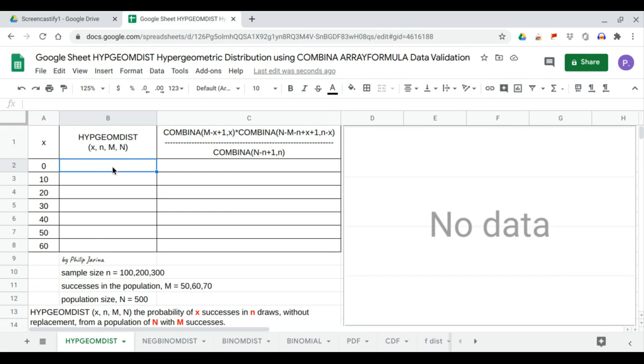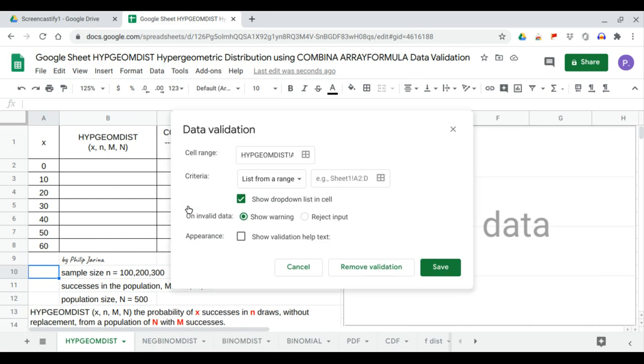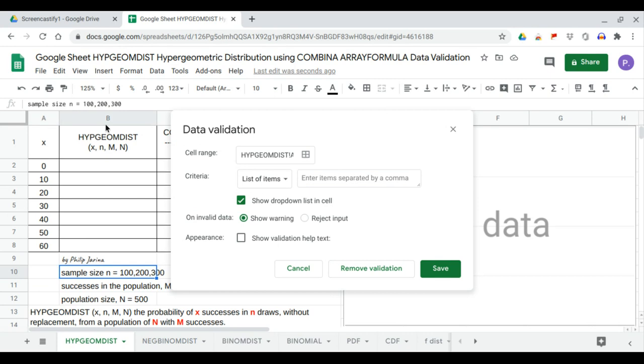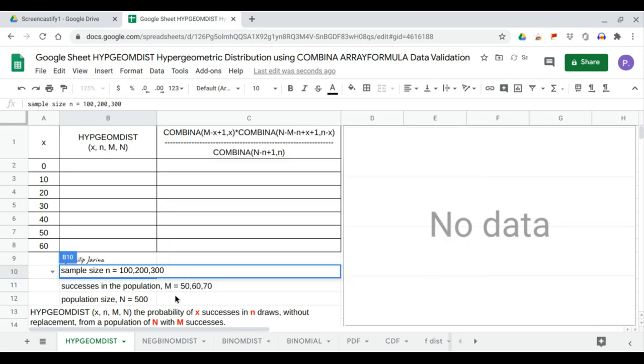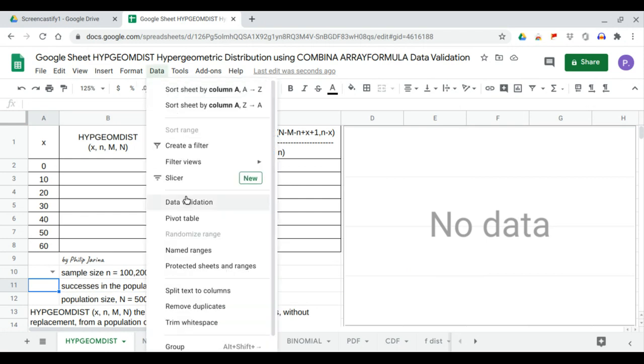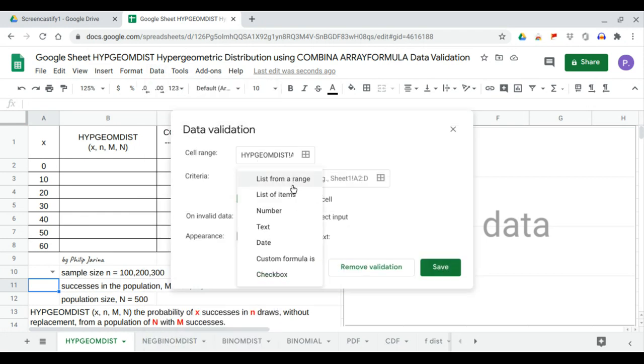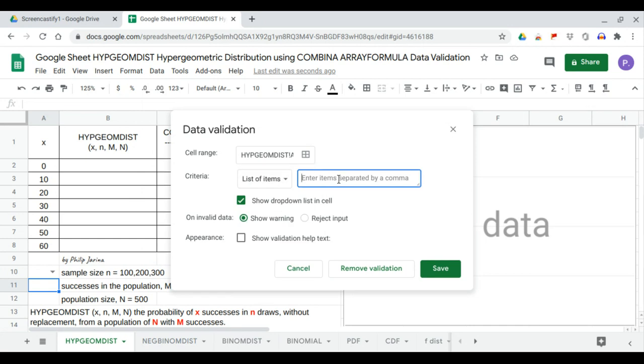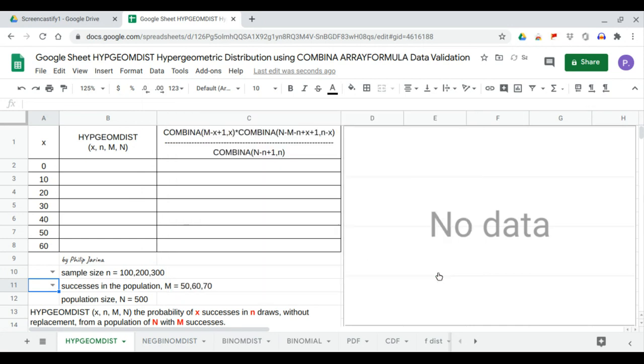So our sample size will be from the list of range 100, 200, 300. Successes in the population will be from the list, so that's data validation from the list, 50, 60, 70.